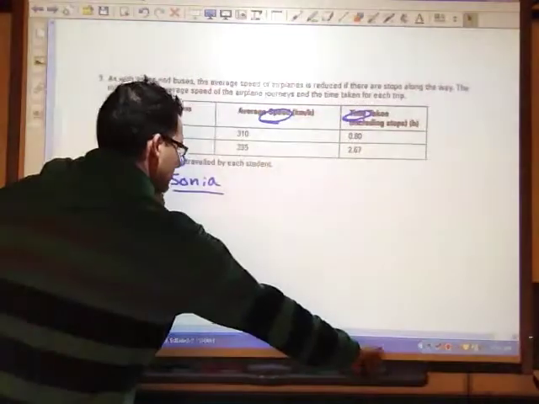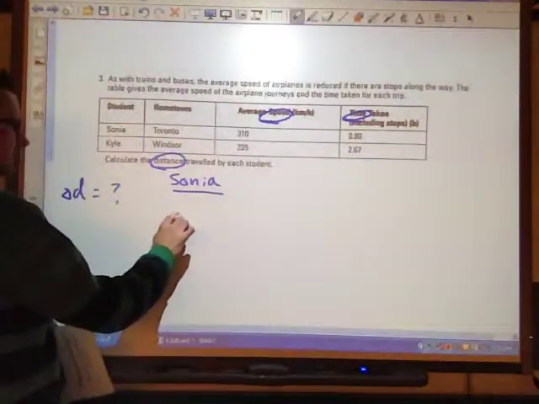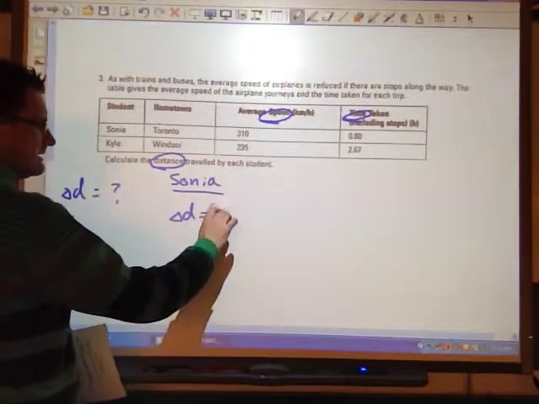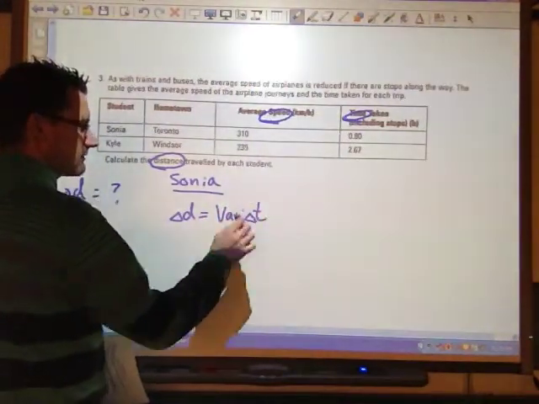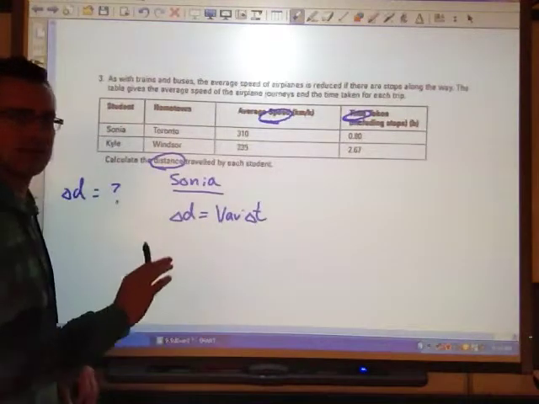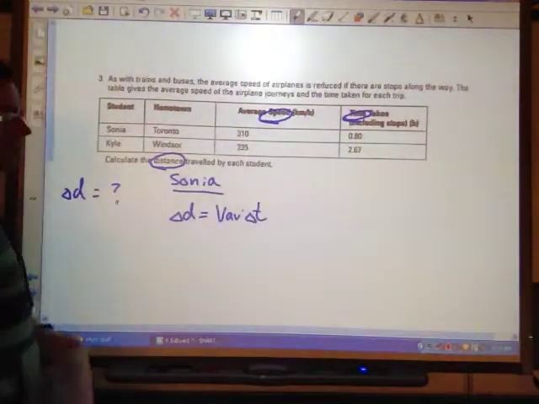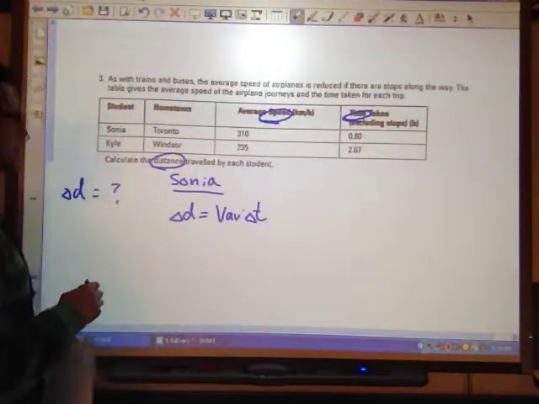So delta D is equal to V multiplied by T. I can write them side by side, a little dot there to represent multiply. Usually don't write the x because we may get confused with variables.